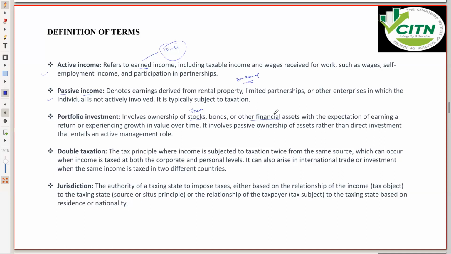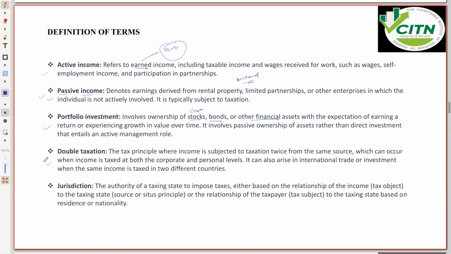So that is what a portfolio investment is. The income out of that portfolio investment could be referred to as passive income. You're not actively involved in the management of that business. You just invest and then you earn something out of it. I'm going to make reference to this term a lot as we delve more into international taxation. It's important that we are aware of that term.